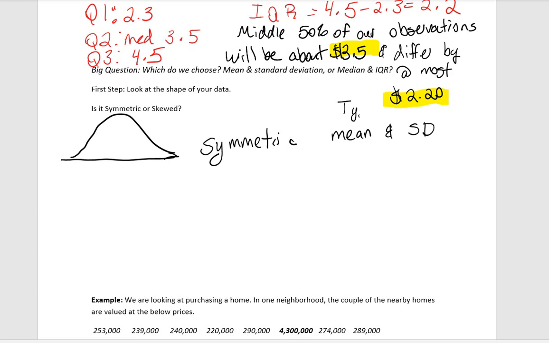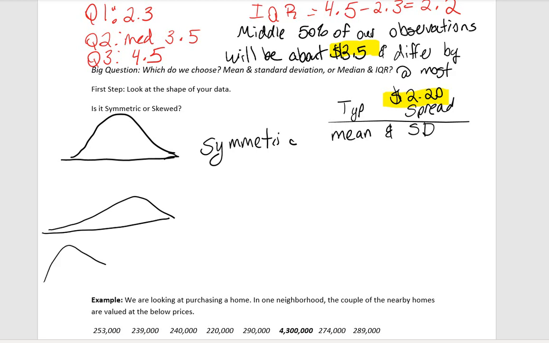Remember, we're talking about how you describe a typical value and the spread. Now, if your data is either left skewed or right skewed, then you're going to use the median and the IQR. So remember, the median is describing the typical value of the data, while the IQR is describing the spread.